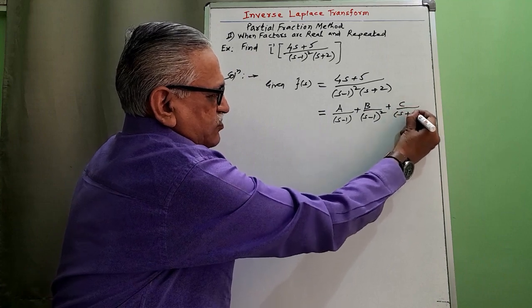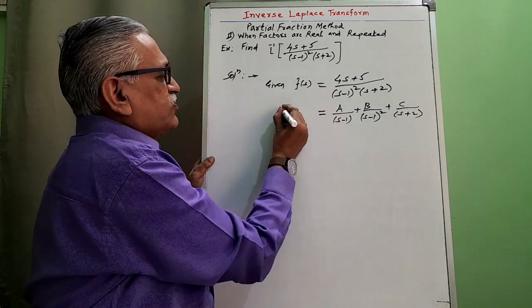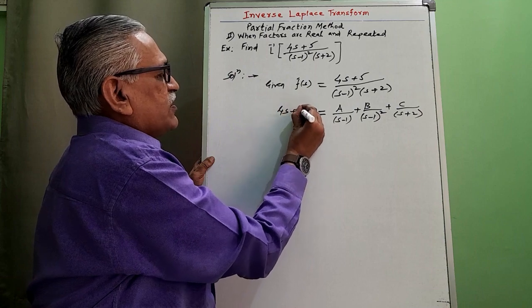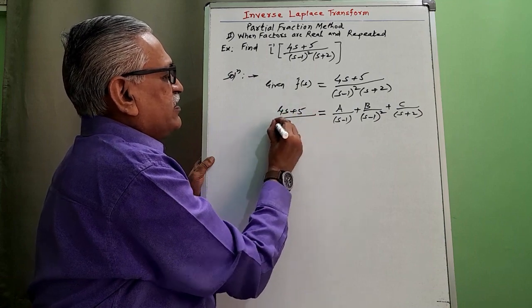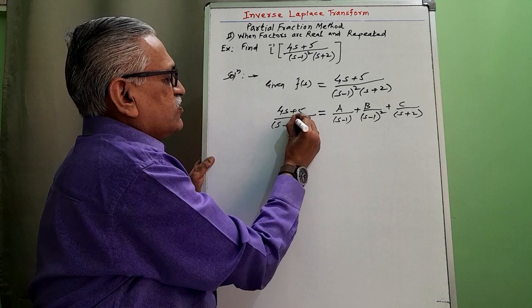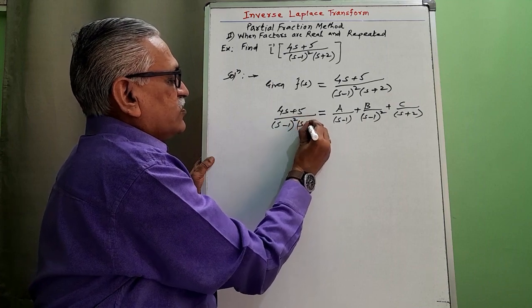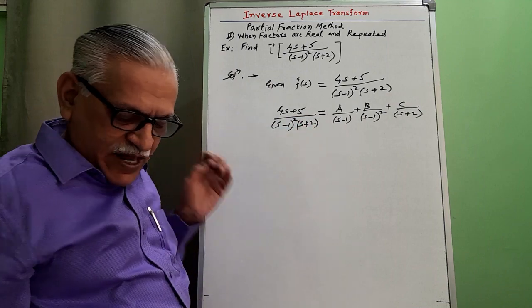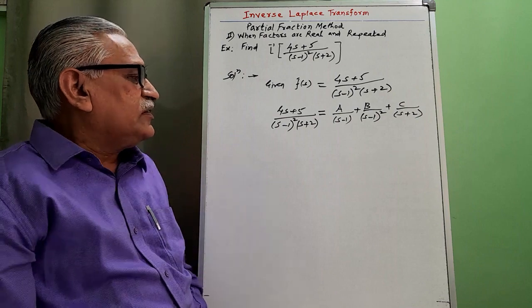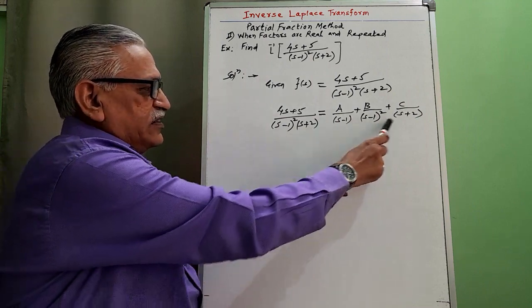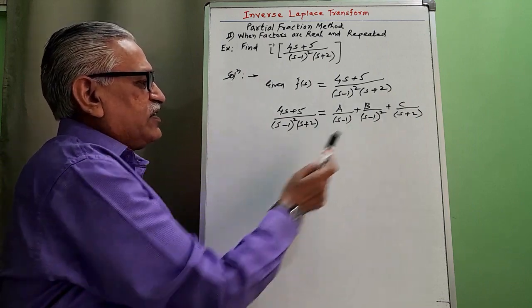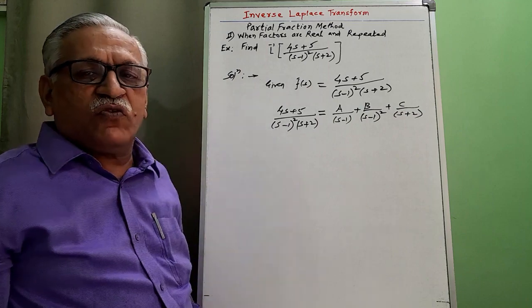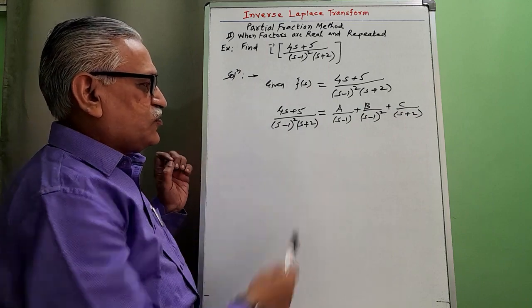s plus 2, and that is equal to 4s plus 5 divided by s minus 1 whole square into s plus 2. Then taking the LCM of these three terms, LCM becomes s minus 1 whole square into s plus 2.